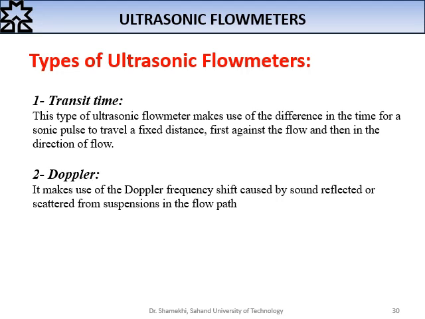We need some particles, scatterers, inside the fluid to find the Doppler shift, and after that to find the flow rate. Therefore, transit time does not need any suspension or scatterer inside the fluid, and the Doppler method requires something like that to measure the flow rate of the traveling fluid.